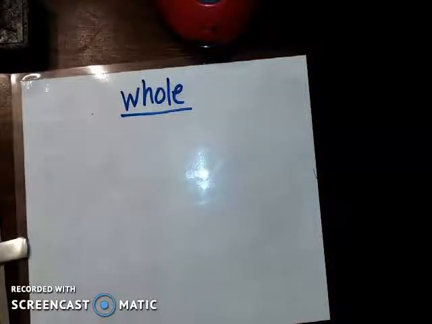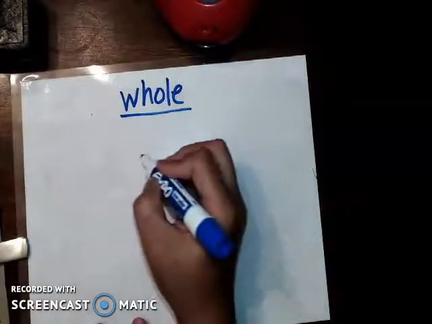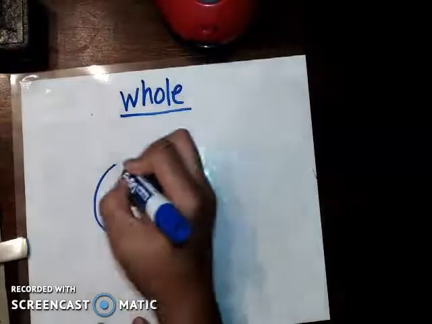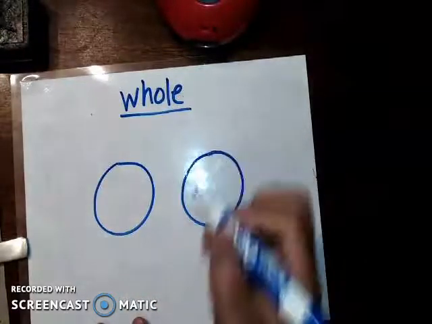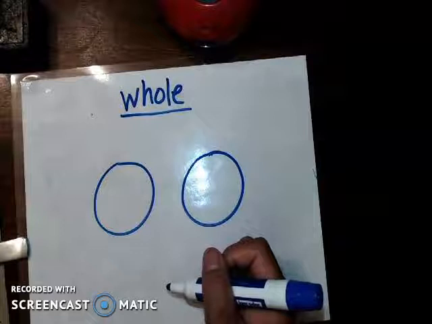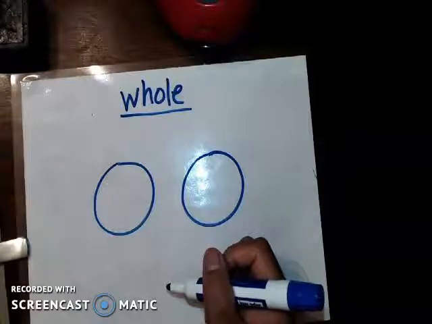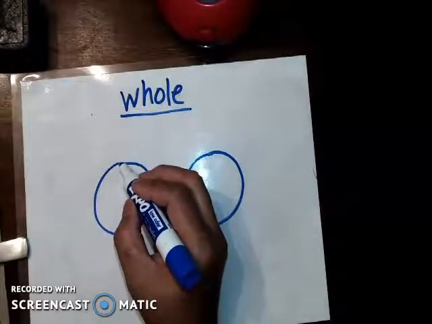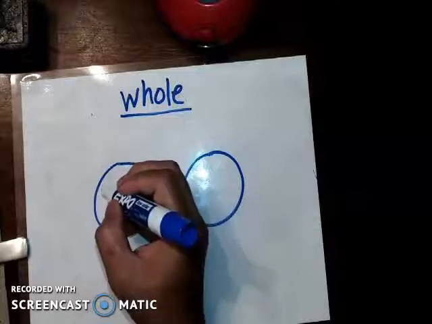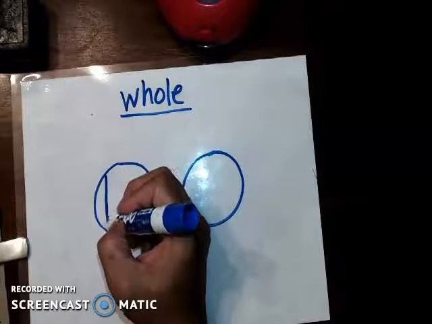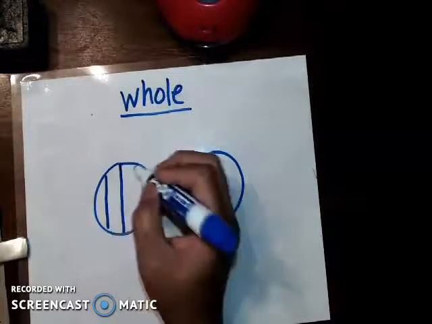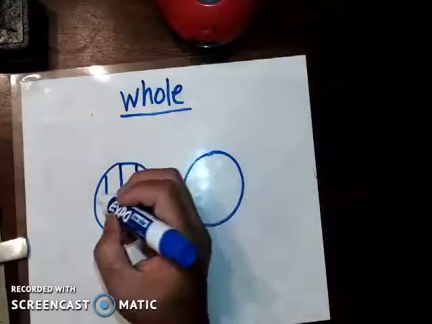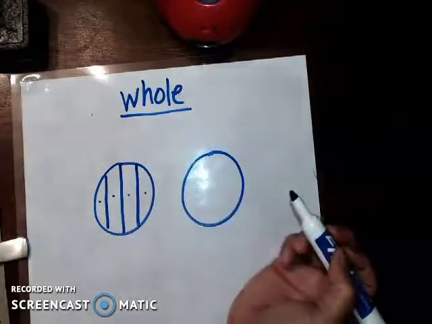So let's take a look at our whiteboard right here. Let's draw our cookie again. And let's draw 2 of them right here. Let's try to split the cookie into 4 pieces. So on this side here, I want you to draw 4 lines going like this. 1, 2, well actually 3, because then we'll have 1, 2, 3, 4 pieces.